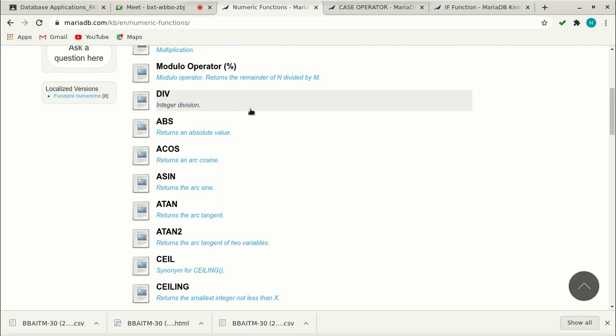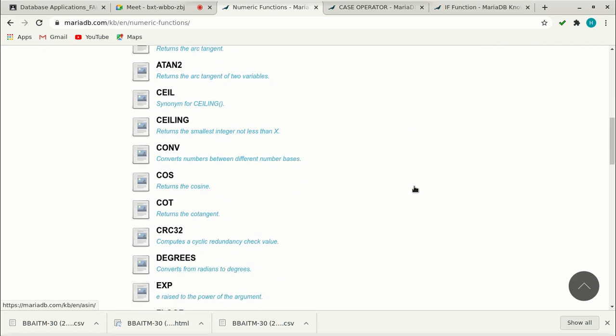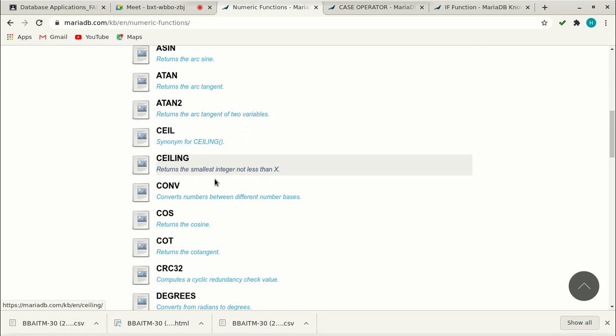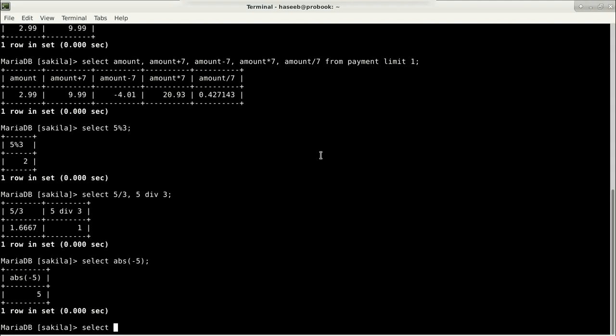Ceiling. CEIL and CEILING are both the same, these two. It returns the smallest integer not less than x. In short, ceiling will return, if you have a value in decimal, the next nearest integer. So let's say select CEIL of, suppose, 1.4.